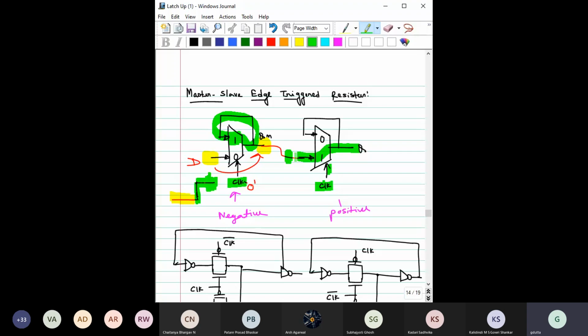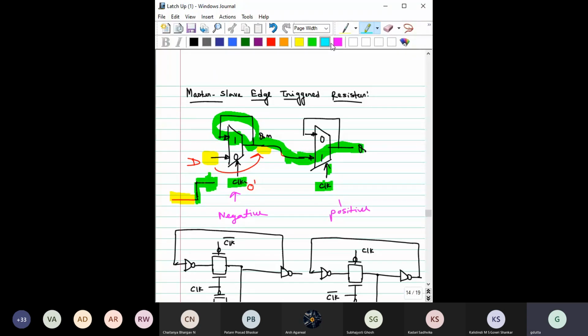So whatever is coming here will still be connected here. But the first latch is still in the hold mode. So whatever it has stored, it will continue to hold, and this one will continue to be in the transparent mode, so whatever is there will continue going to this output. Now let us see one more case.